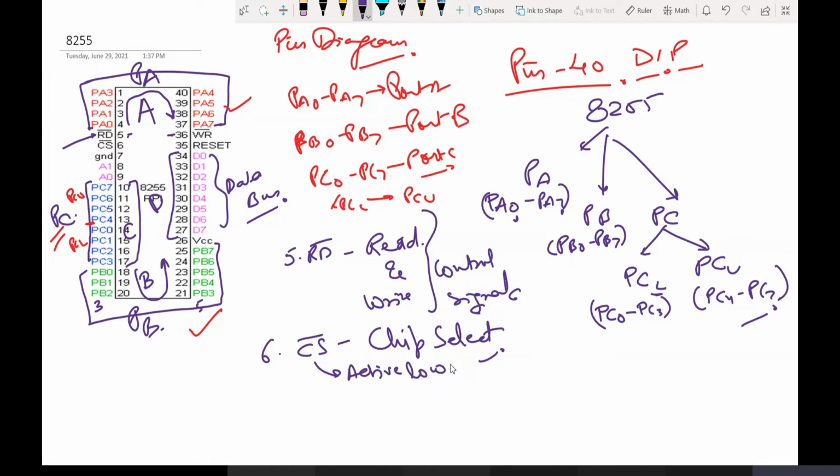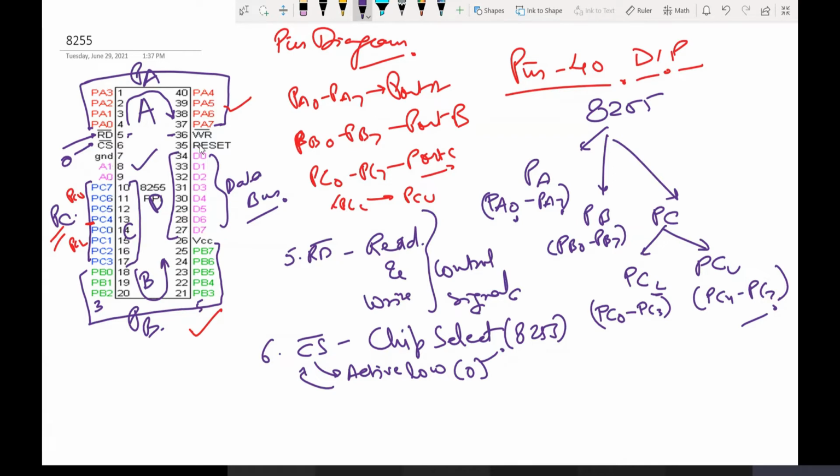So if you want to select the 8255, you need to provide an active low pulse to CS bar. That means a 0 is required at pin number 6 if you want to select this particular IC. If not, it will be disconnected from the circuit. Fine. So chip select is at pin number 6.